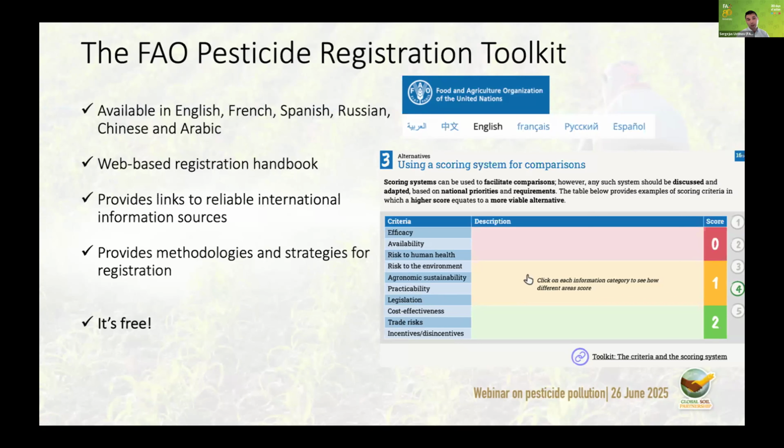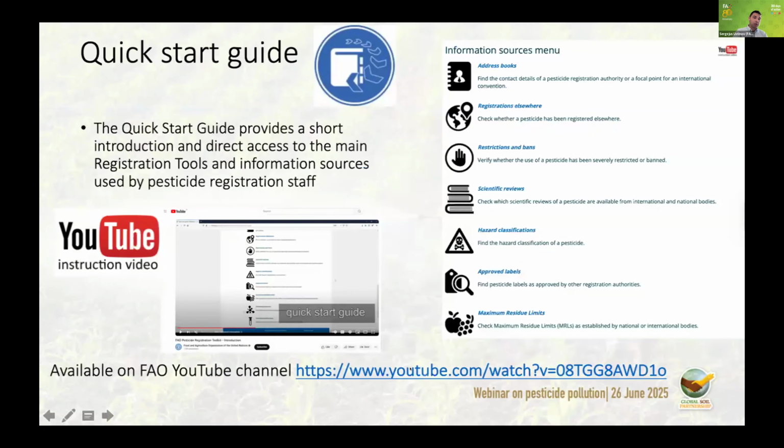And obviously, it's free. That's one of the most valuable components for many developing countries: it's all available free of charge, and it builds your knowledge and expertise.